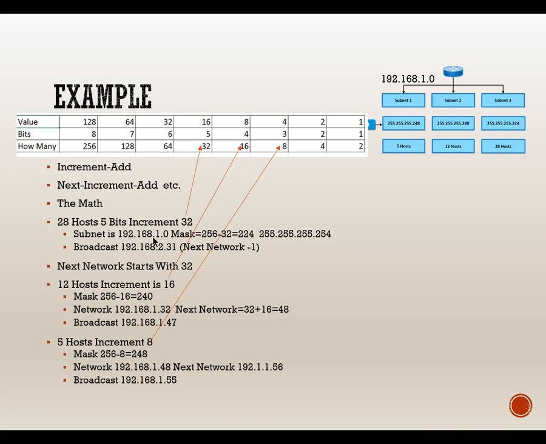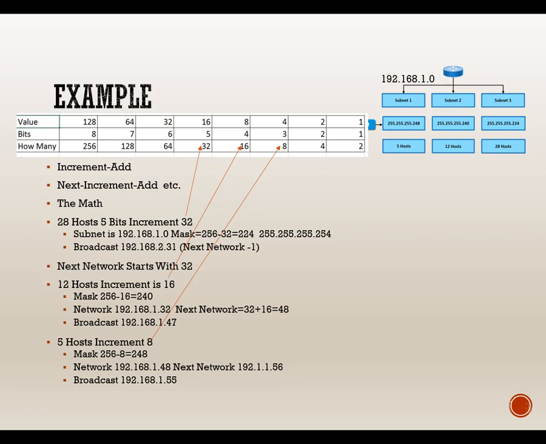The mask, 256 minus 32, gives us 255.255.255.224. The broadcast would be 192.168.1.31, the next network address minus 1. The next network starts with 32, since we used 0 through 31 in our prior network.